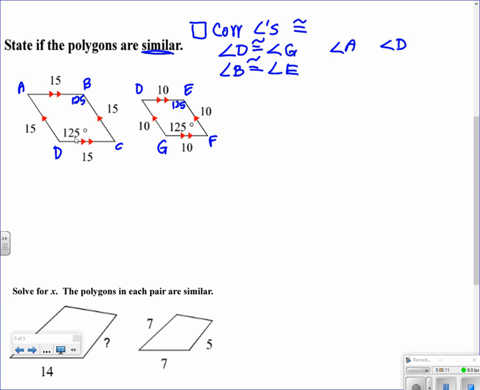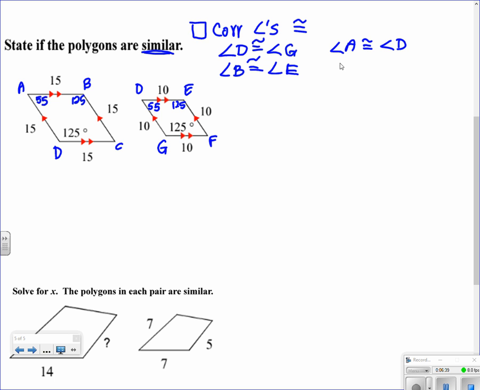Now, this is a parallelogram, so this angle plus this angle should give you 180. So 125 plus something should give me 180. What is that something? That something is 55. So this angle right here will be 55. Same thing right here, this angle will be 55. So if they're 55, yes, they are the same, so they should be congruent.